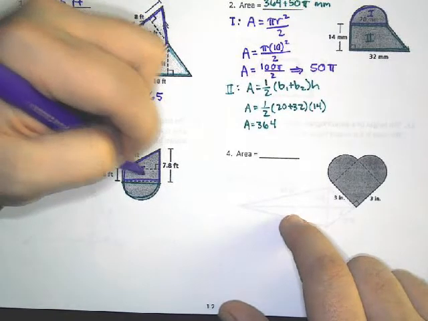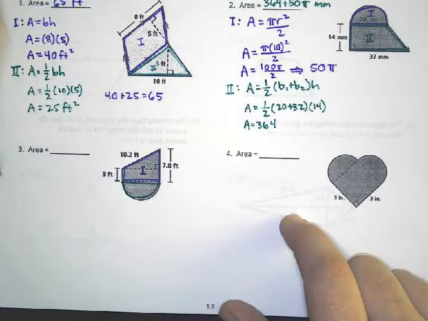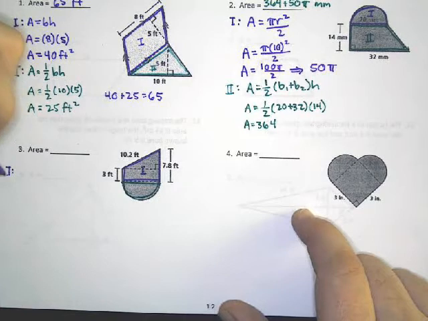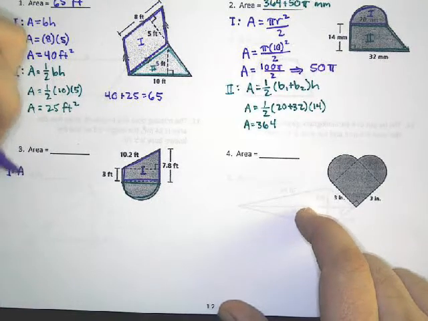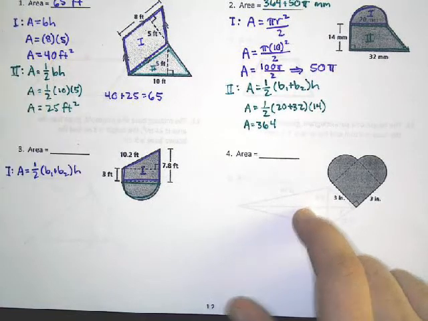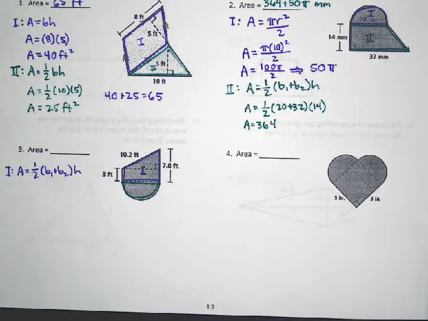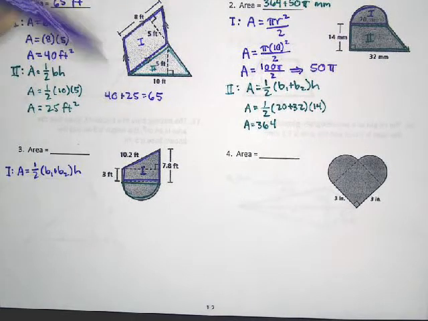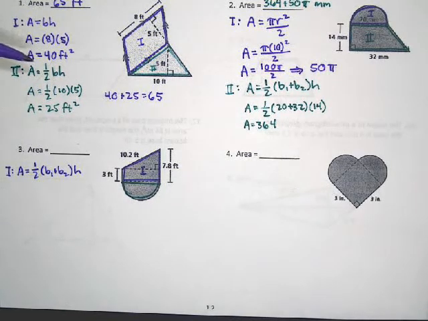So, we're going to find the area of the trapezoid first. All right, so the area is equal to 1/2 sum of bases times the height. Uh-oh. I don't know the height. What do I got to do? Who remembers? I hope all of you. All right, what we need to do, guys, is we need to use what we know about triangles and trigonometry and Pythagorean theorem to help us solve this. All right?